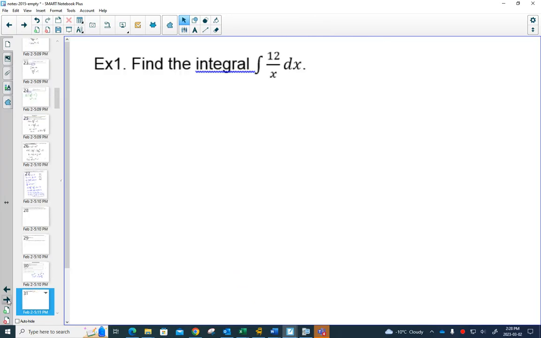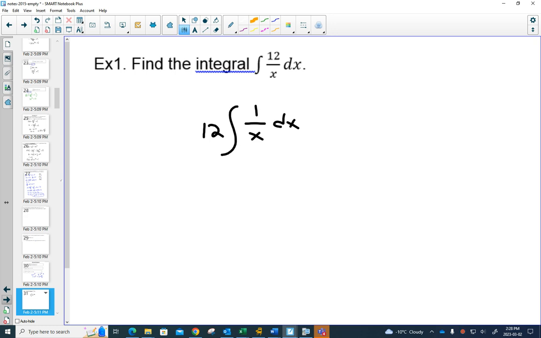So the idea is you just get really good at derivatives, then you start to work backwards, and it messes up with your brain. So for this one, I would probably use the rule that you can always bring a constant out in front of an integral. So that 12 you could bring out in front.